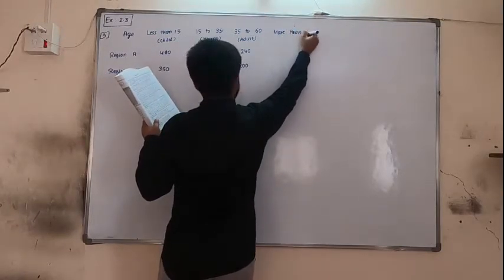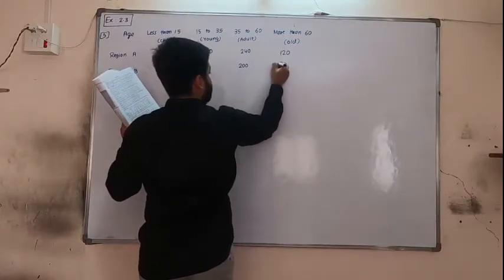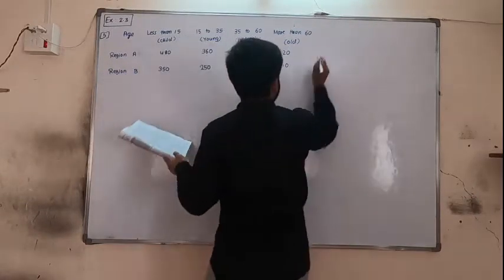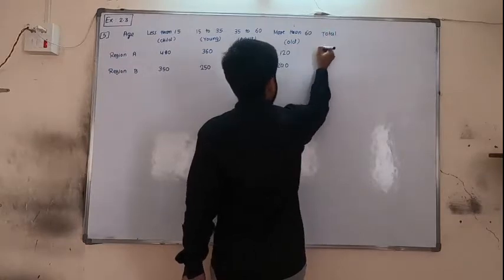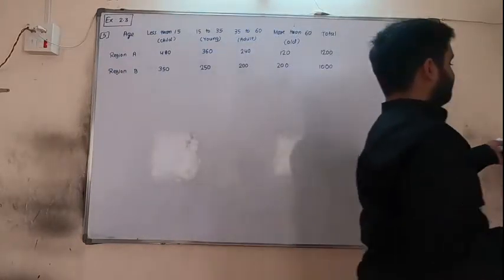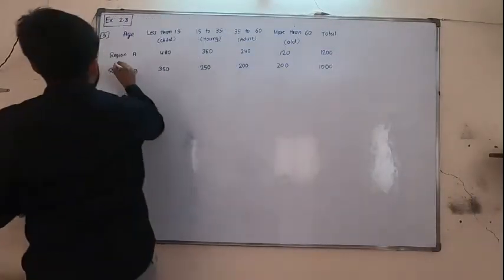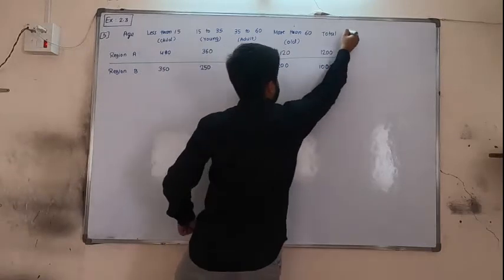More than 60 are old, 120 and 200. Total 1200 and 1000. Friends, this is the data which is given in the question.